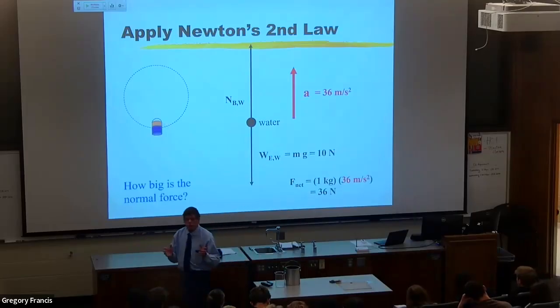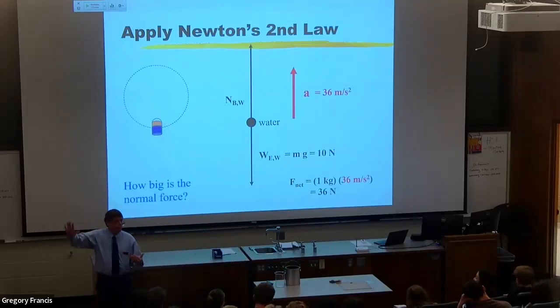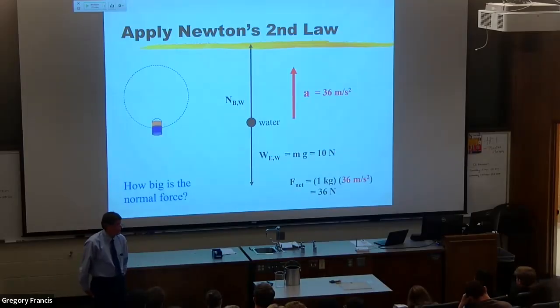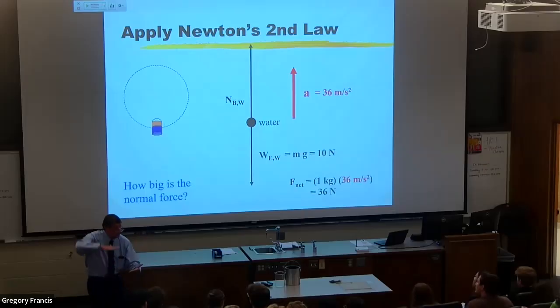So it's bigger at the bottom than it is at the top. And you have experienced this when you went on the Ferris wheel. If that Ferris wheel is going around at a constant speed, at the top you feel light. You feel like there's not much pressure between your bottom and the seat. But when you get to the bottom, you feel like you're being pressed into the seat. And that's because at the bottom you were going towards the ground, and then it scoops you up and takes you back up into the sky.